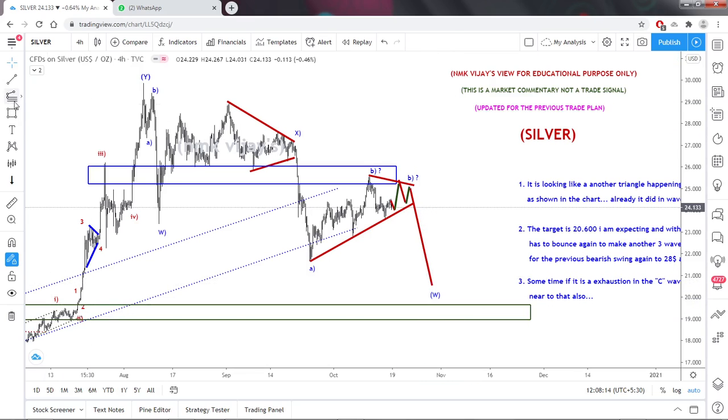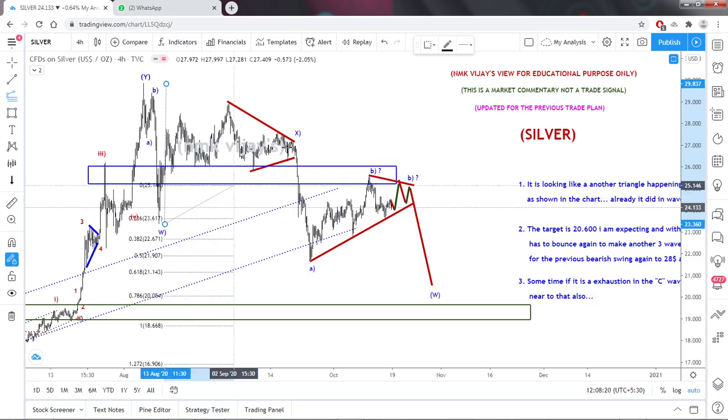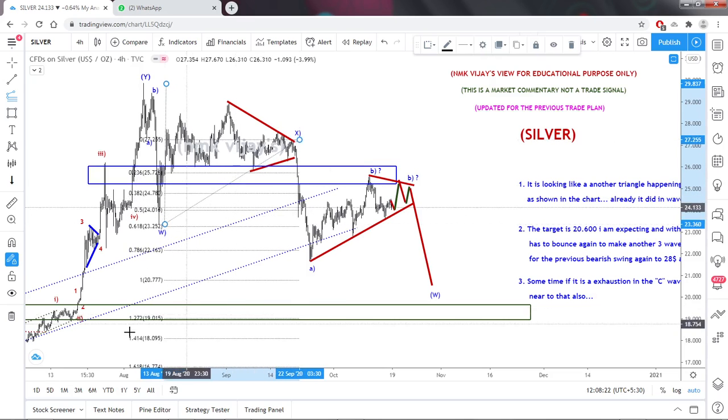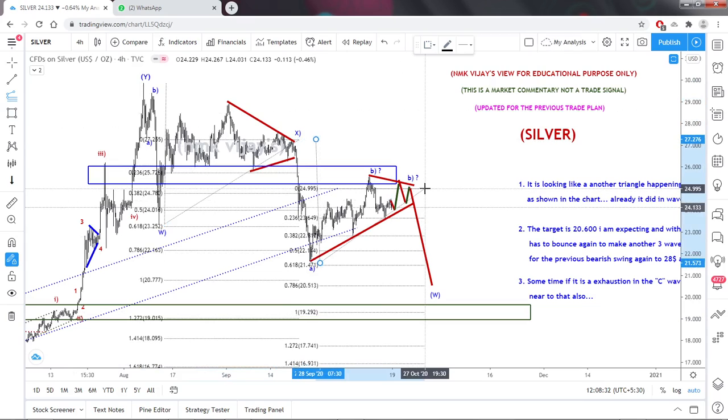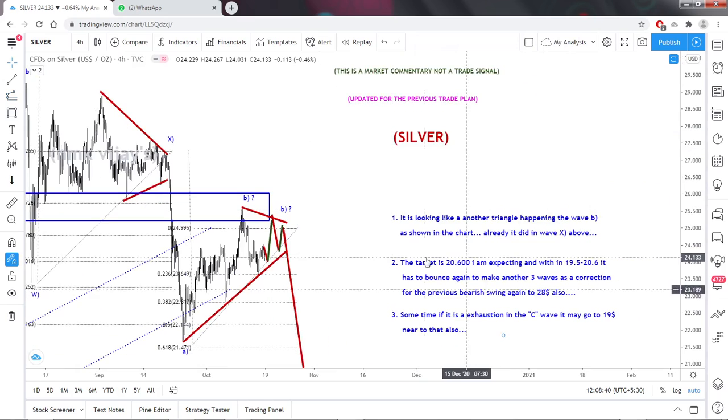That is also according to this: if it is a W, then the Y target for me, my observation, is 1.272, exactly the $19. If it is an AB equals CD pattern, with this A rejection in the B, exactly 19,200. So in the near zone, that is why I have written here the target is 2600.